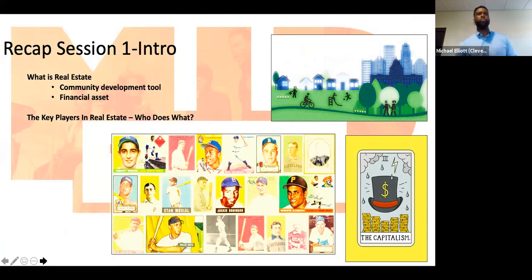We talked about how real estate can do many things, but the two focus points that we discussed last time was how community, by having real estate developers within our city, we're able to utilize their strengths, their assets, their knowledge, their expertise, to help improve the quality of life within the city of Cleveland, or any city for that particular matter.